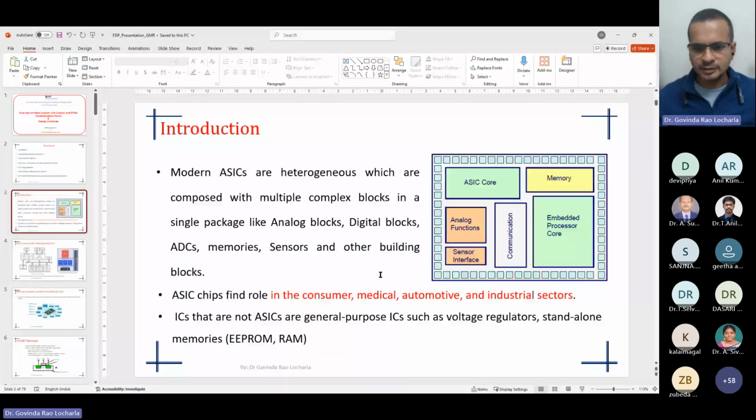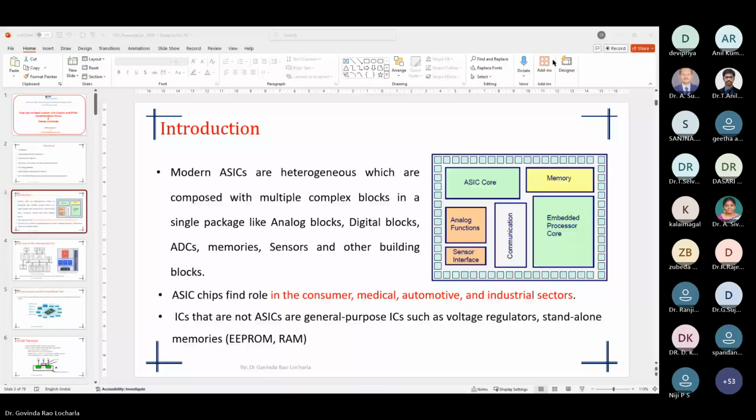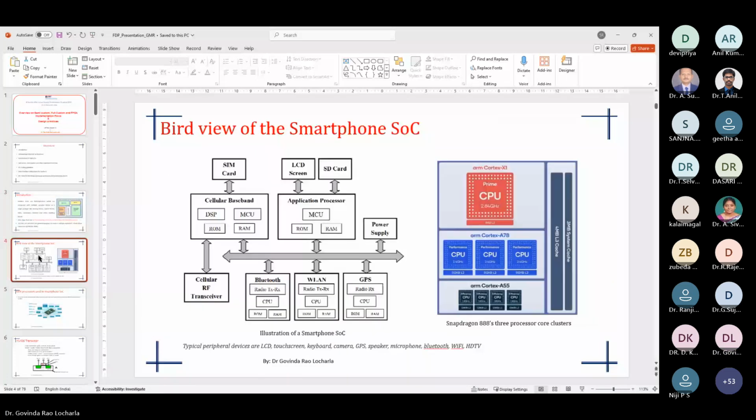Give me a minute, let me fix it. Now the introduction is visible, sir. Third slide, body of the smartphone? Yes, sir, now it is changing. Maybe data speed is limited in your room.